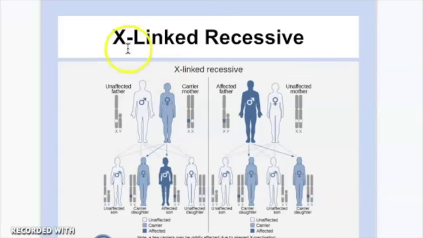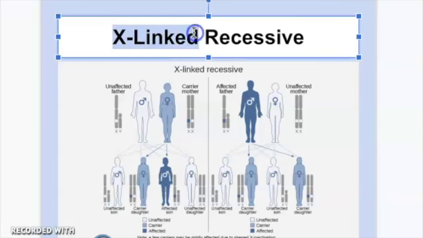So let's take a look at X-linked recessive. Again, we're talking about a gene that is on the X chromosome. Okay, X-linked. And that gene is going to be a recessive gene.